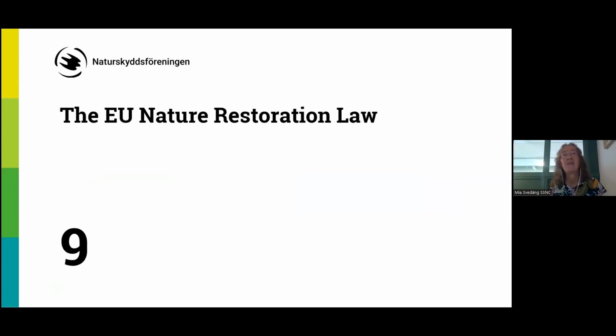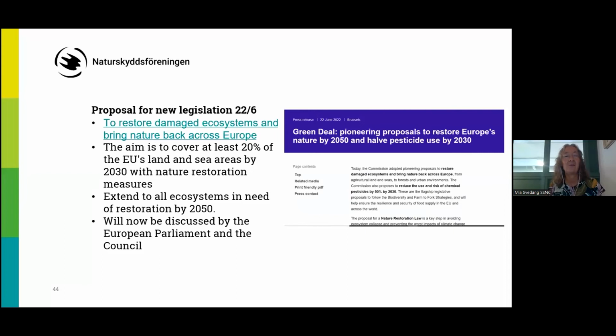I think that we can use this also together with a new EU nature restoration law that is upcoming now. Maybe you heard of it. It was a proposal for new legislation which came in June this year. And the aim of the new restoration legislation is to restore damaged ecosystems and bring back nature across Europe.